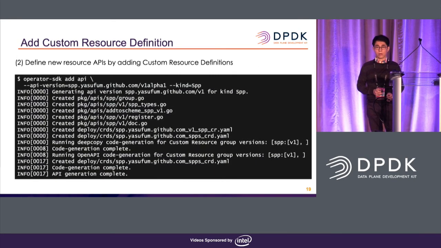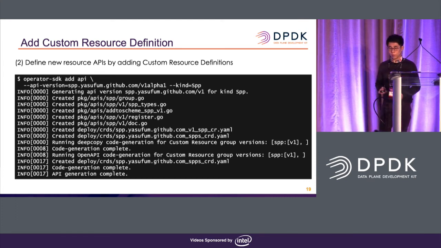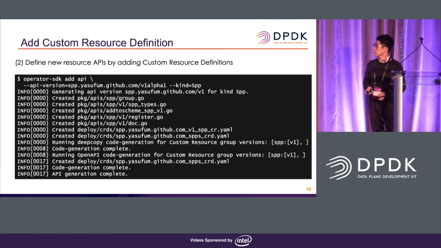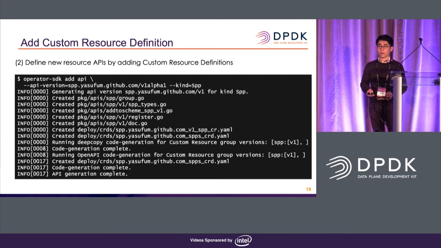And then after scaffolding, you need to add a custom resource definition by generating an API. So if you run the operator add API command, Operator SDK generates the template of custom resources.